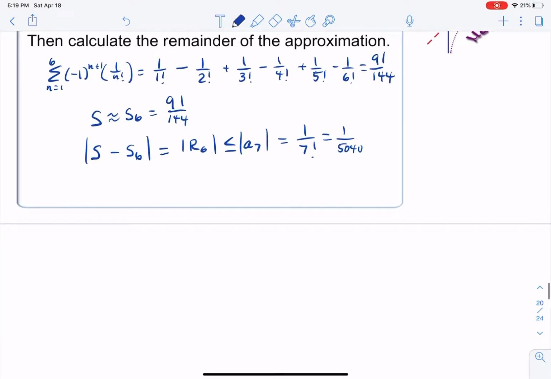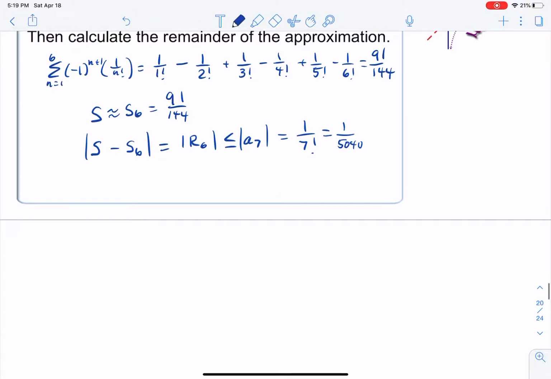So let me write a couple of things for you that'll be kind of like something you did in Algebra 2, and that is the sum of our series minus the 6th partial sum. If I take the absolute value of that, that is less than or equal to 1 over 5,040. All right, this is like a tolerance problem.